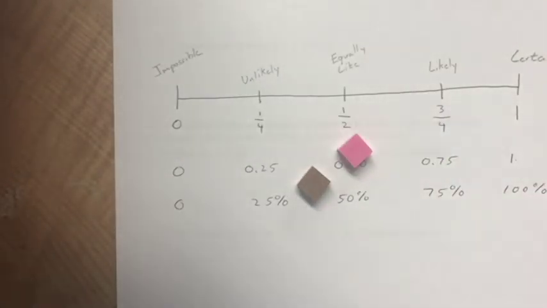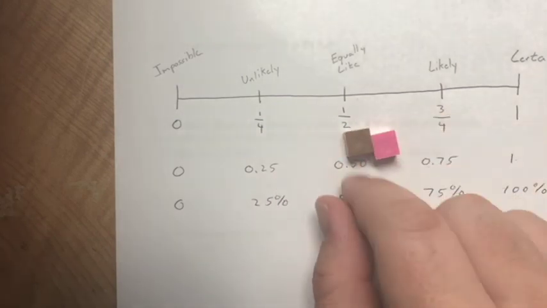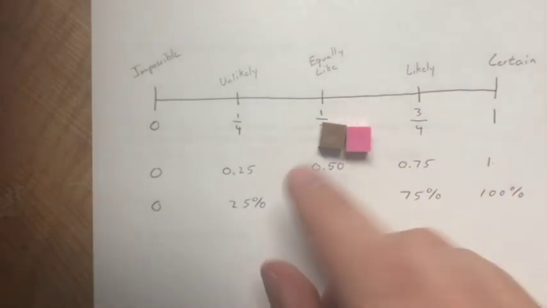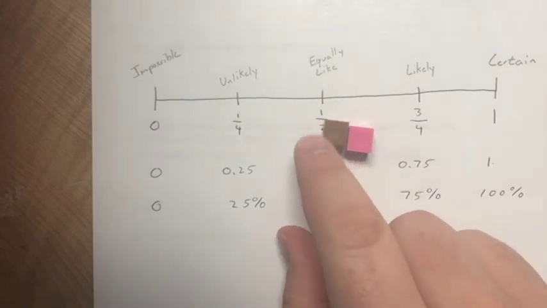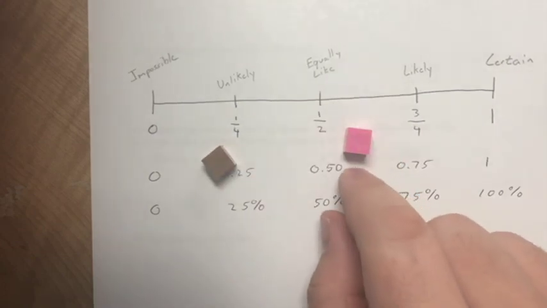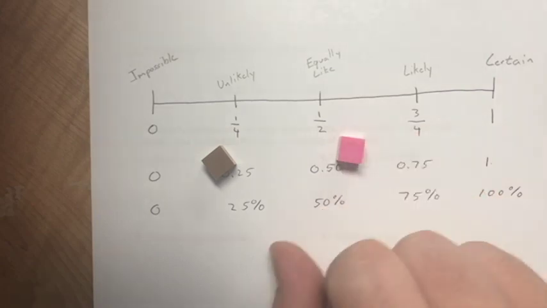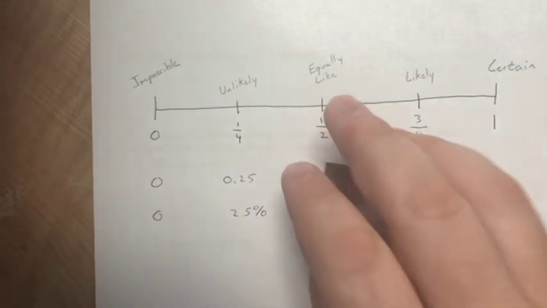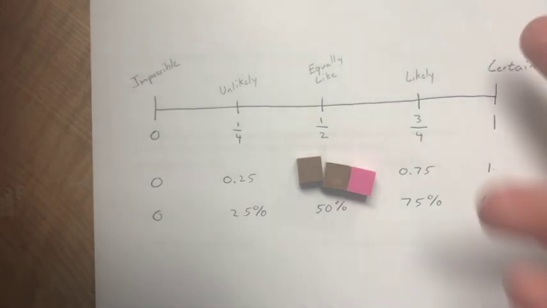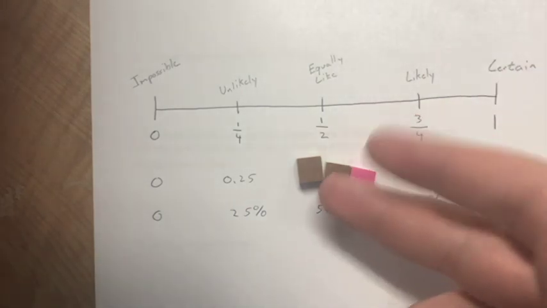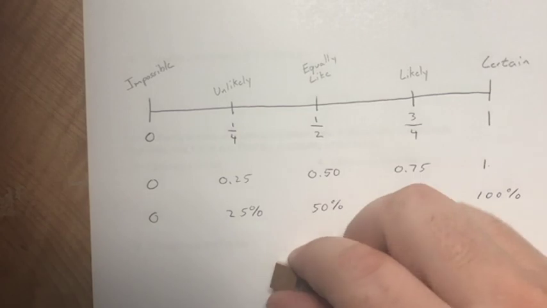But if I were to change the problem ever so slightly, what is the probability of me getting a brown? Well, I have a 50-50 chance. It's equally likely that I could get the brown, or equally likely that I would get the pink. And I could change it up some more, add a couple extra things. It changes the likelihood of me getting a pink versus a brown, or vice versa.